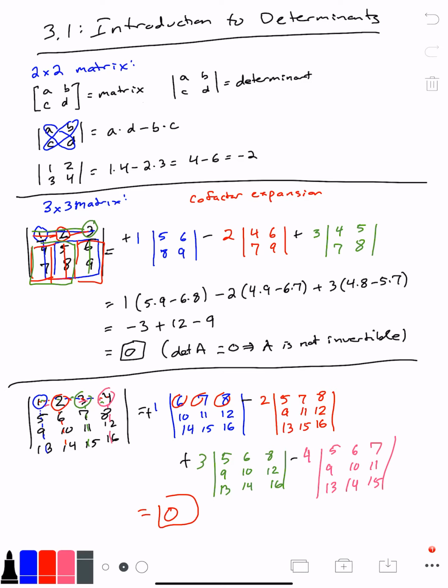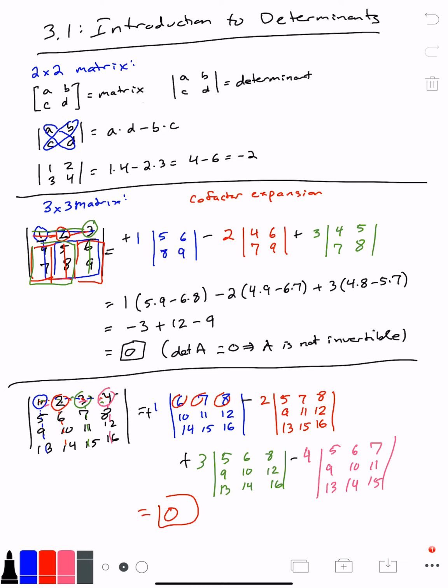For example, if I gave you a 10x10 matrix, you would break it up into 10 9x9 matrices, and each of those into 9 8x8 matrices, and each of the 8x8s goes down to 8 7x7, and then 7 6x6, and so on, all the way down. So the idea is determinants are not pleasant to calculate by hand.